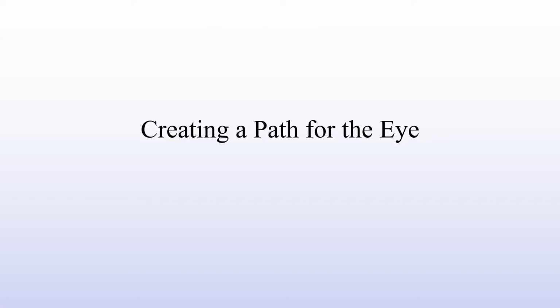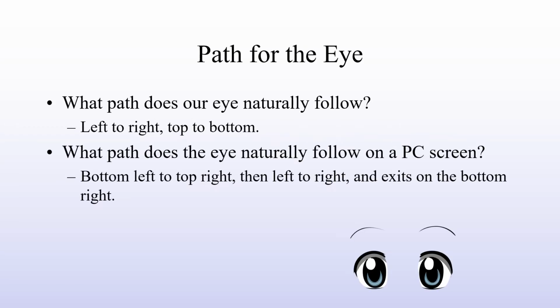For our first issue, dealing with designing individual screens for an application, let's consider how to create a path for the eye to follow on the screen. So when we talk about path for the eye, when you're reading in America, what path does our eye expect to follow?